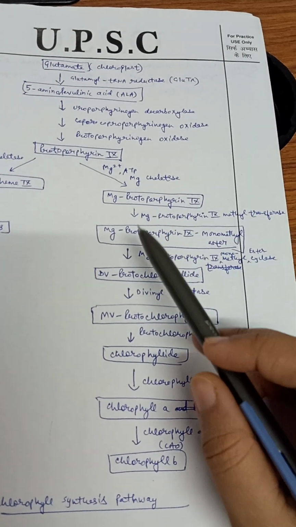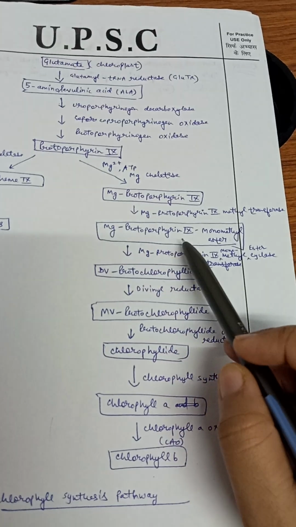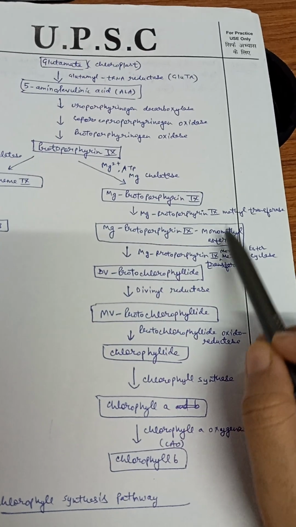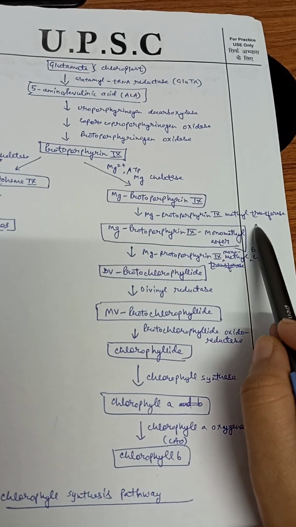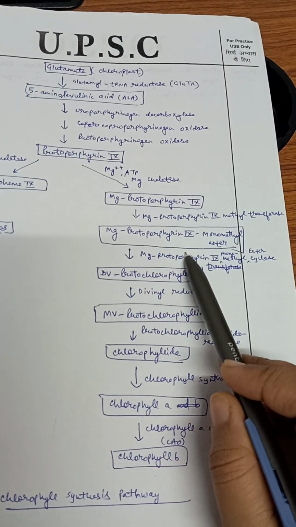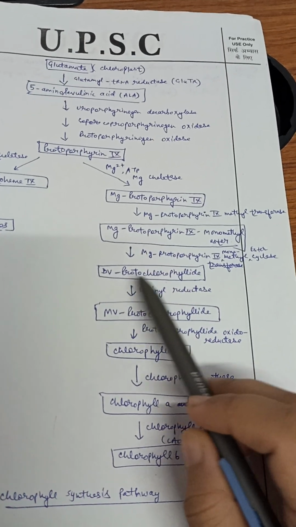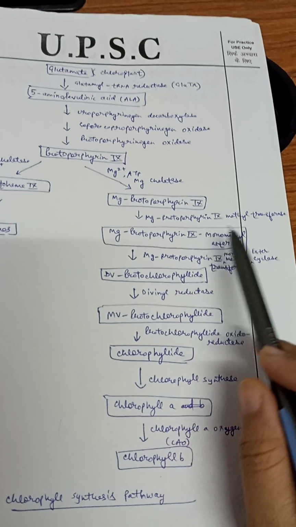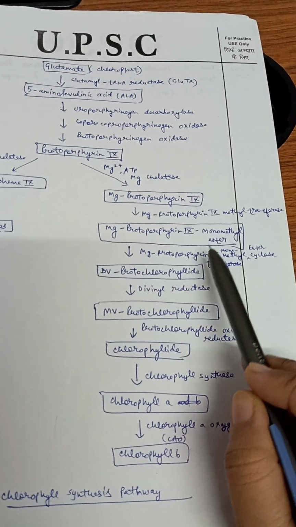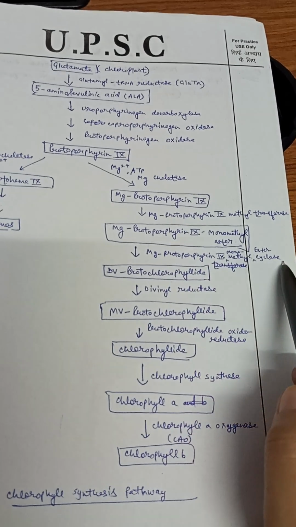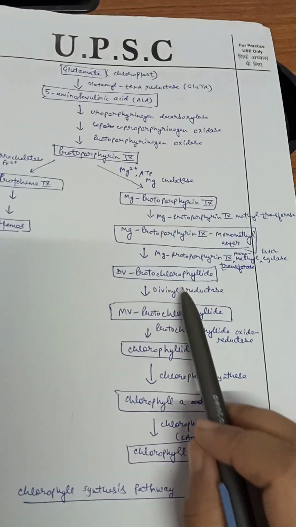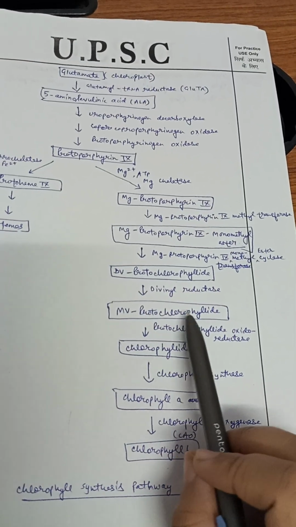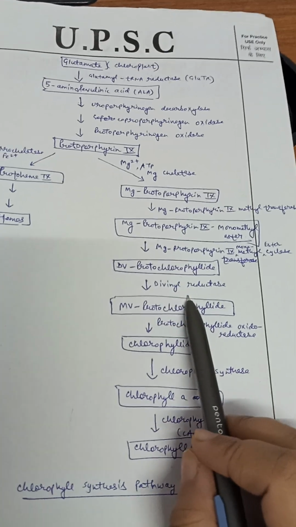Then it is converted to Mg protoporphyrin 9 monomethyl ester in the presence of the enzyme Mg protoporphyrin 9 methyl transferase. Then it is converted to DV, that is divinyl protochlorophyllide, in the presence of Mg protoporphyrin 9 monomethyl ester cyclase enzyme. Then this DV protochlorophyllide is converted to monovinyl protochlorophyllide in the presence of divinyl reductase enzyme.